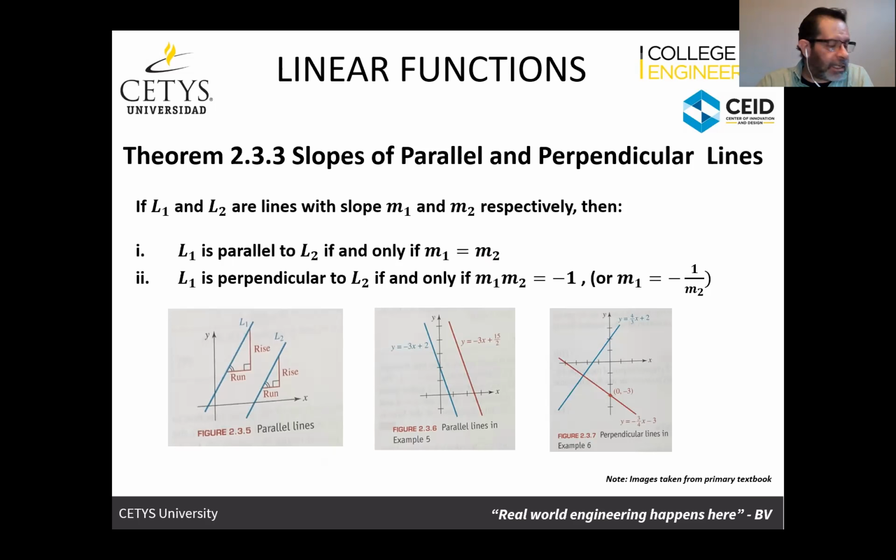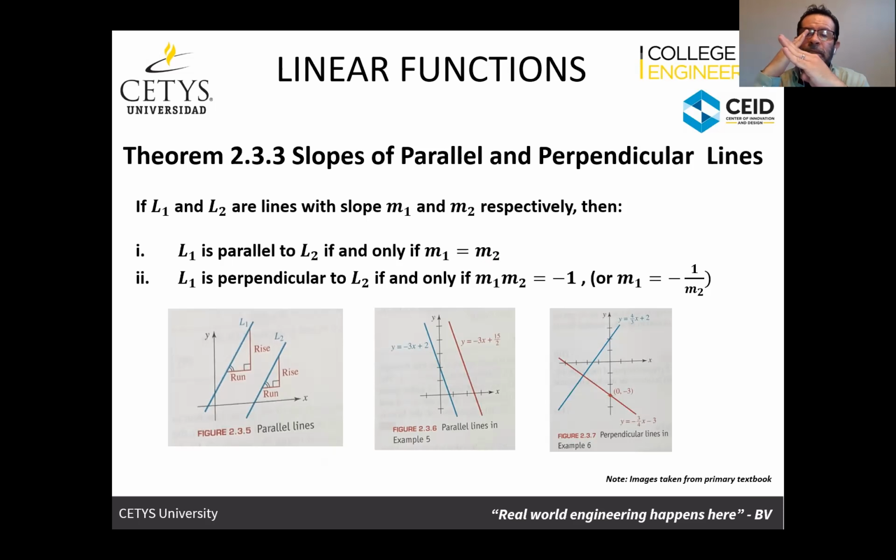So if I have two lines, L1 and L2, they are parallel only if their slopes are the same. Now there's another concept, which is that two lines are perpendicular. What does being perpendicular mean?